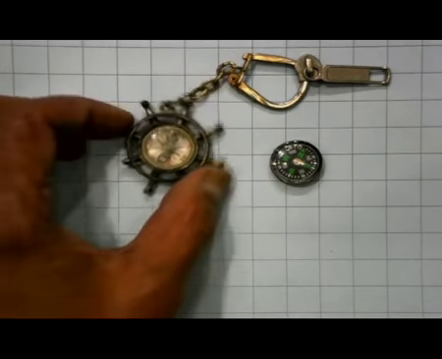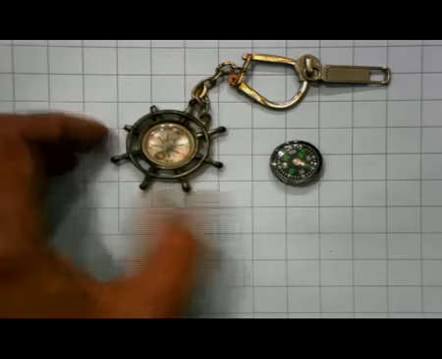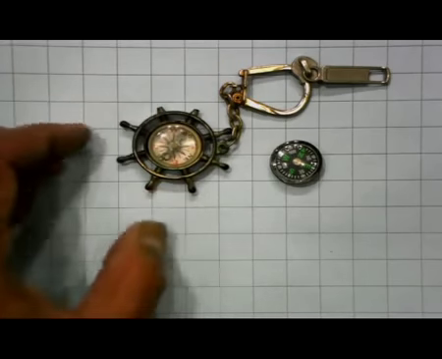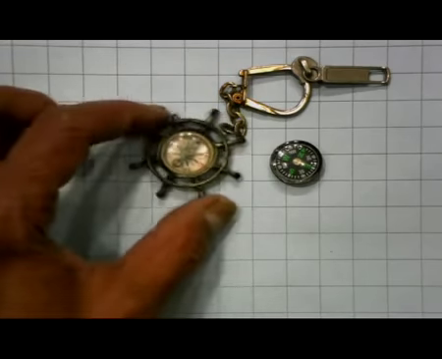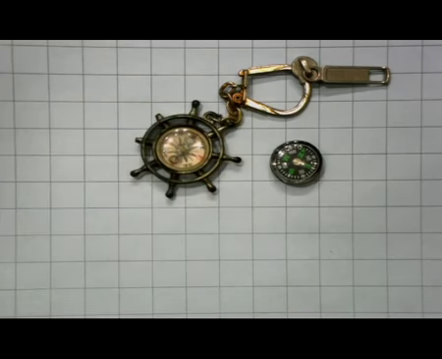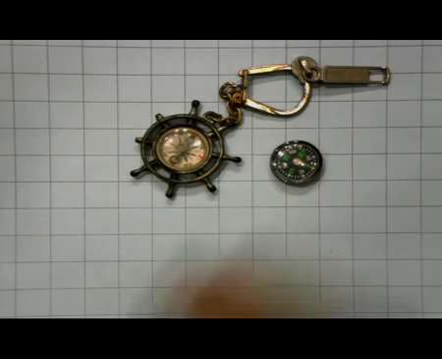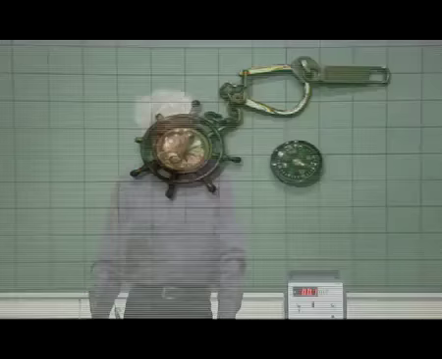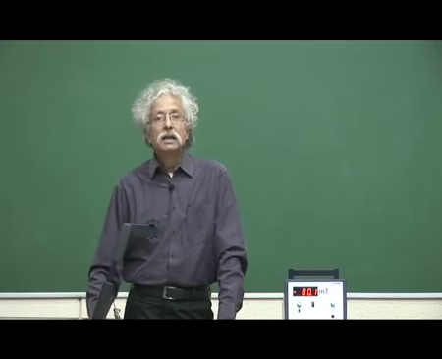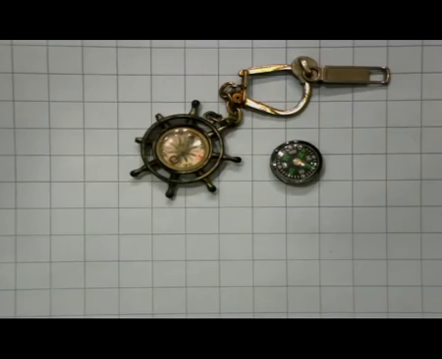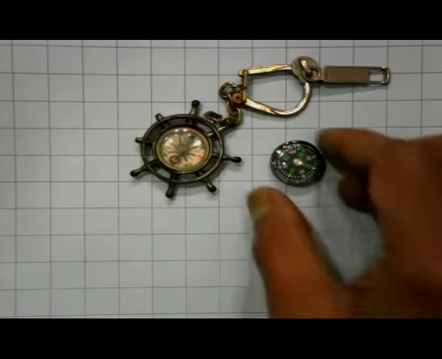Irrespective of what I do to the system, when I rotate it, the needle always seems to point in one direction, and this is the direction of the magnetic field produced by Earth. So Earth has its own magnetic field, and this magnet gets aligned towards that magnetic field. When we study magnetostatics, we will study the forces and torques on magnets like this, and how these magnets get aligned to different directions.